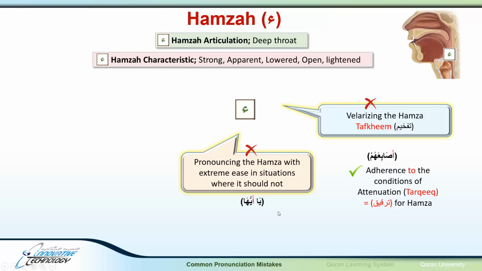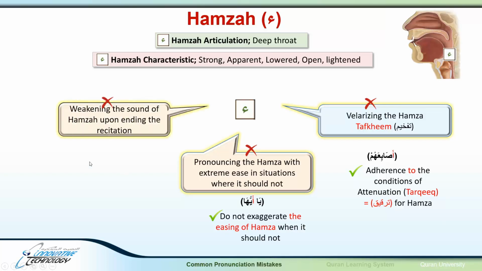The right way of pronouncing it is, as we're going to hear from Sheikh Al-Husari, يا أيها. So it should be clear. You shouldn't make it so easy, and you shouldn't velarize it. So it should be in between. The lesson here is you shouldn't exaggerate the easing of the Hamza where it shouldn't.